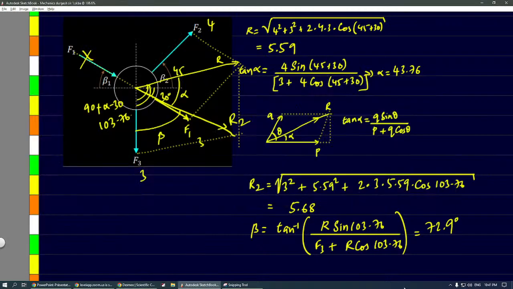Okay, so the final resultant is 5.68 in magnitude and 72.9 degrees from the negative y-axis.